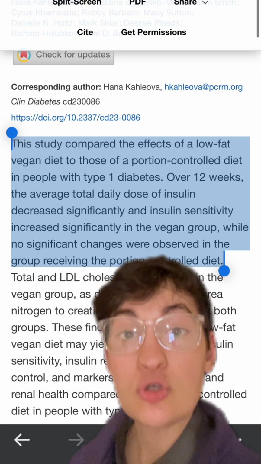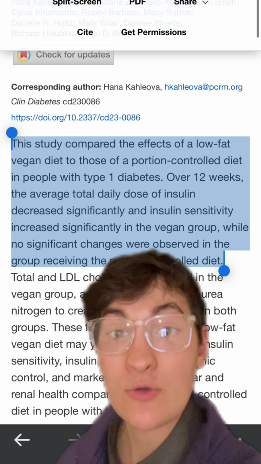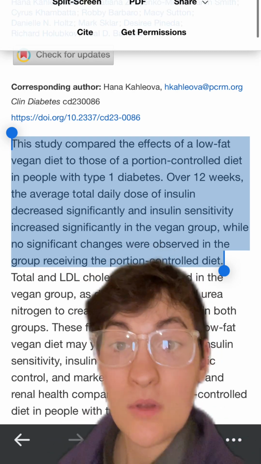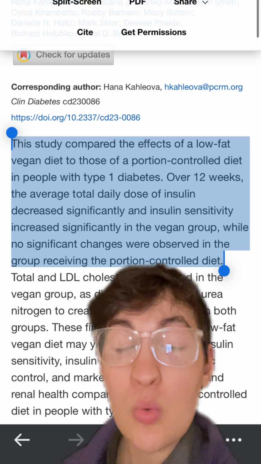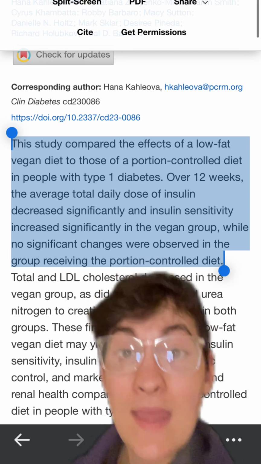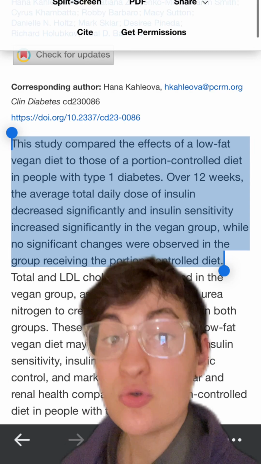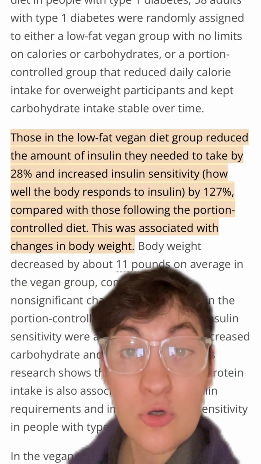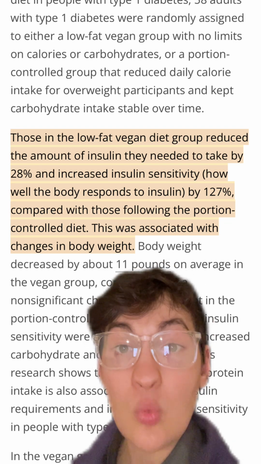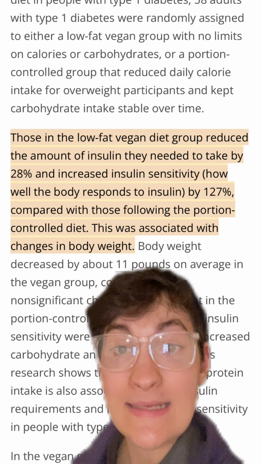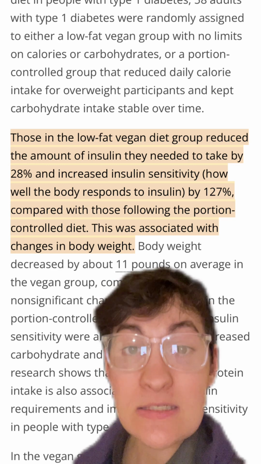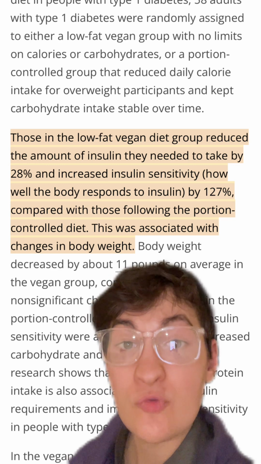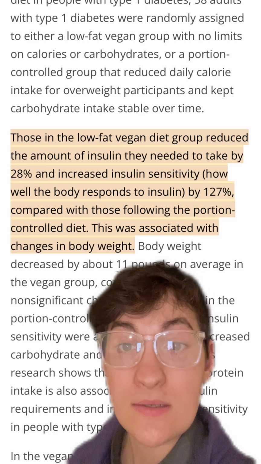And they compared 12 weeks of a high carbohydrate, lower fat vegan diet to a portion controlled, lower carbohydrate, higher fat diet. And they found that despite increasing carbohydrates by almost 100 grams, the low-fat, higher carbohydrate group actually had a 28% reduced need for insulin, and it was estimated that their insulin sensitivity improved by 127%.